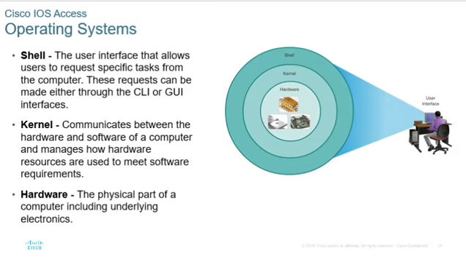It's a piece of software that's coded in with the operating system, and it allows the hardware to receive commands from the shell or from the user. It communicates between hardware and software and manages how our hardware resources are used. Again, the hardware is the physical part of the computer or device. An example would be a Cisco router, Cisco switch, or Cisco phone.